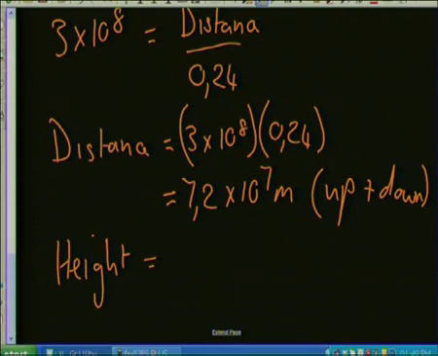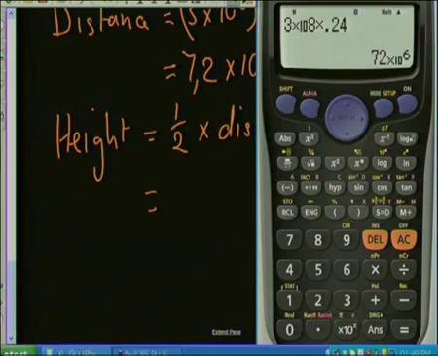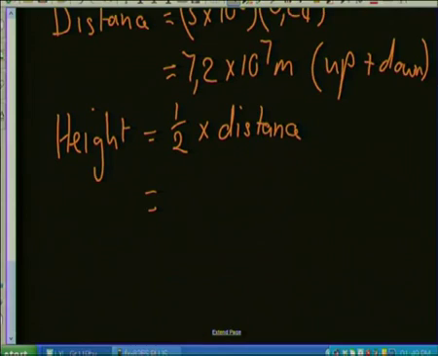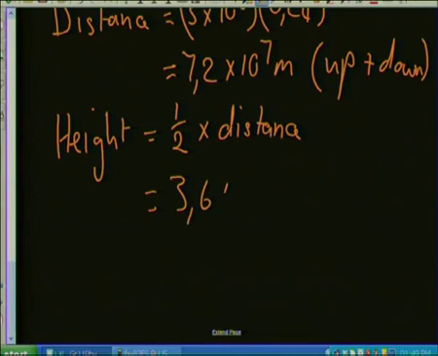What you need to recognize is that height is going to be half times the distance that the light has traveled, and that gives you this very impressive number there. We've got to divide by 2, and we're going to get an answer equal to something like 3.6 times 10 to the 7 meters. Okay, that is huge. That's the height above the Earth.